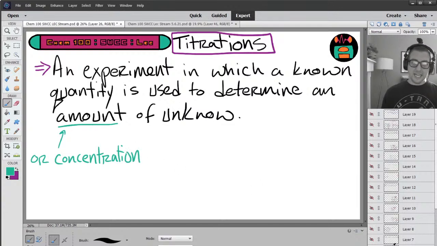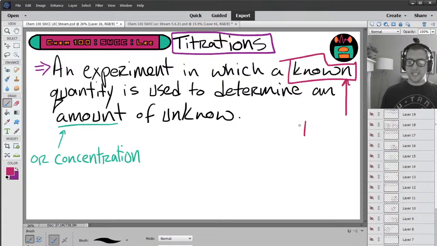Your known has a name. Your known is referred to as the titrant. Likewise, your unknown has a name.